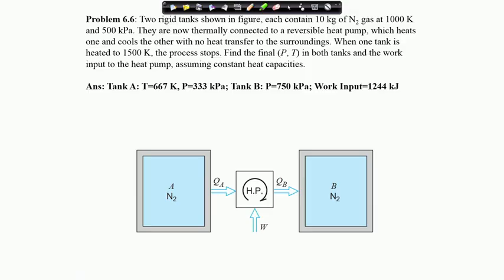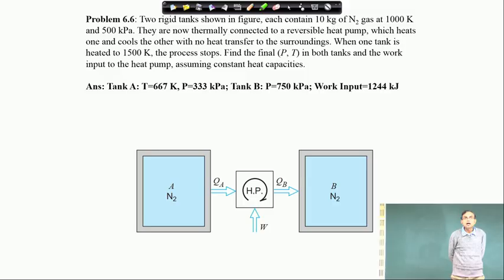You have two rigid tanks, each contain 10 kg of nitrogen at 1000 Kelvin at 500 kPa. So, they are connected by a reversible heat pump which heats the tank B and cools the tank A. So, it effectively transfers heat from a colder tank to a hotter tank, and that can be possible only by a work input.